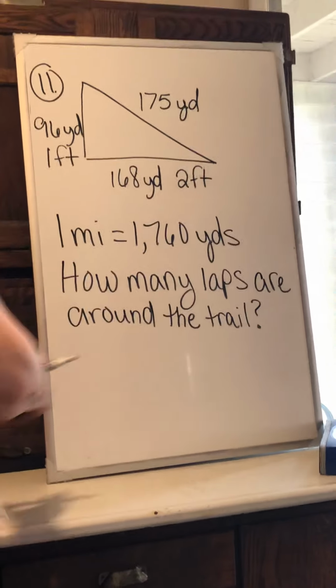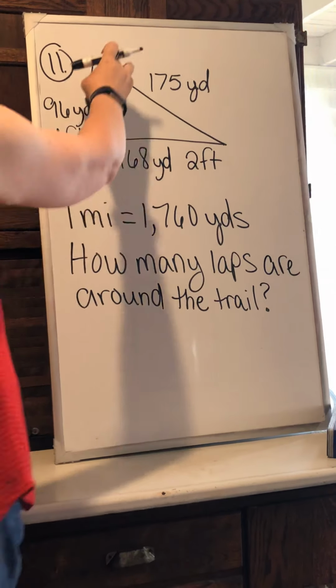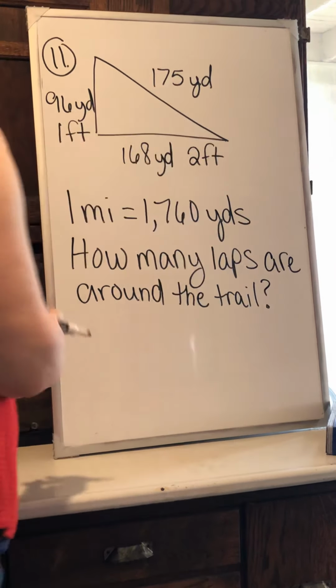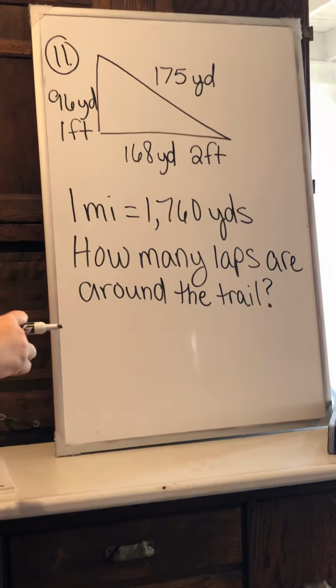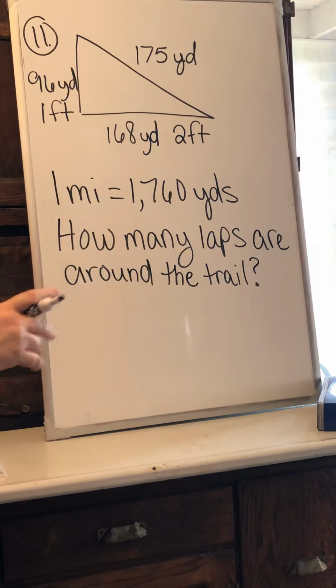Another side is just 175 yards. So I made that the longest side. And then the third side is 96 yards, 1 foot. How many laps does it take for a person to go all the way around to equal 1 mile?